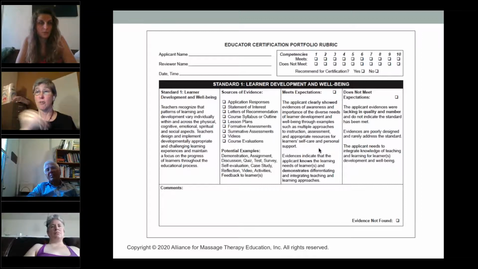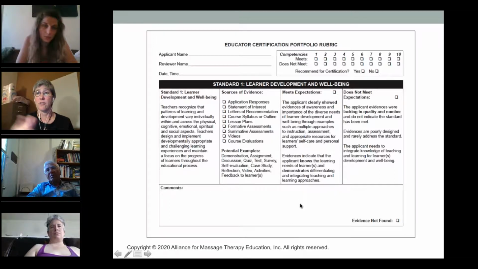Now, we actually train the reviewers to reduce that bias, to only consider the evidence in front of them. So they don't have to recuse themselves, but that is an option if they feel like, well, my best friend's applying, so I'm not going to be one of their reviewers. We do have that as an option, but they're looking through what you've submitted. They're trying to decide, do you meet the standard or not?